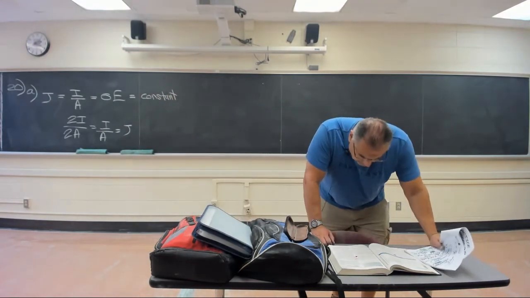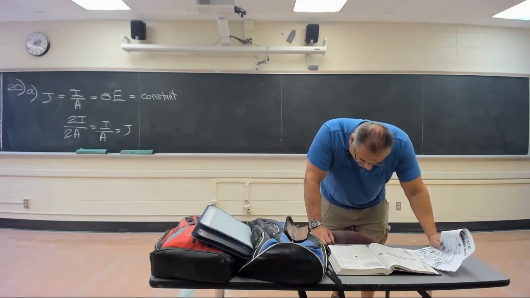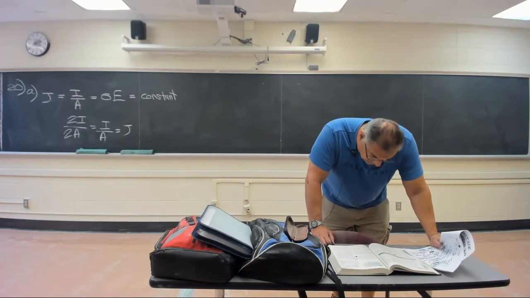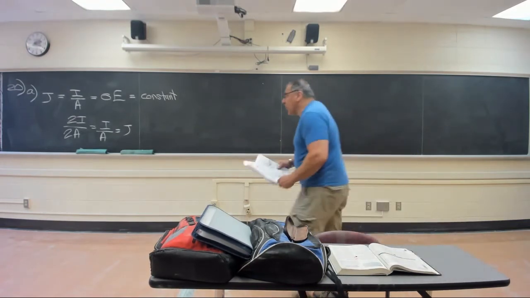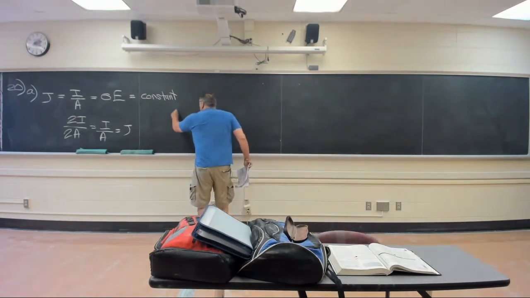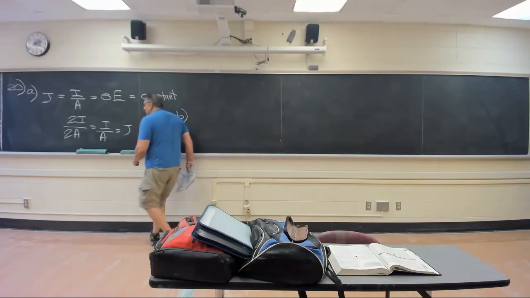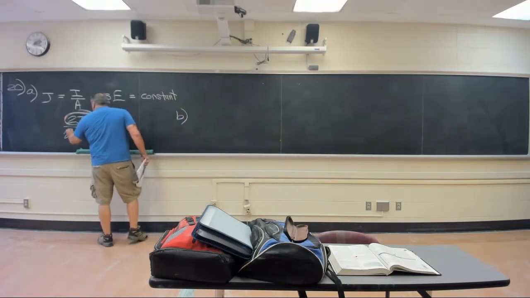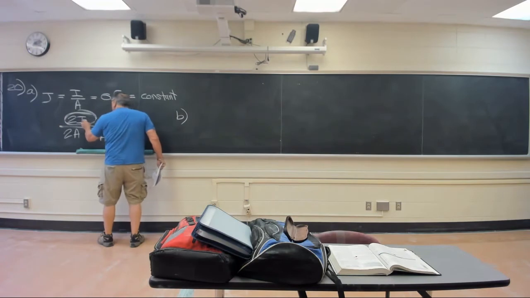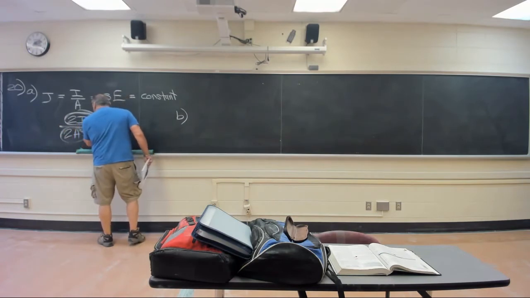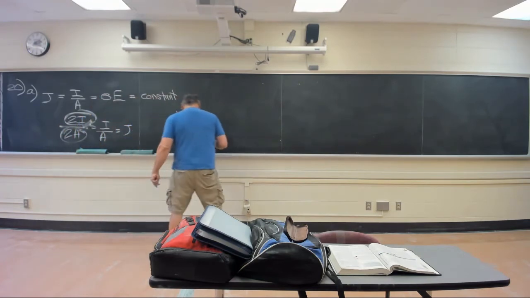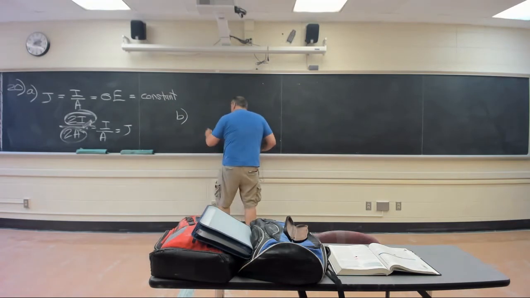So they're saying here, what happens to the current density? Nothing happens to the current density. What happens to the current? That's another story. What happens to the current? You just saw it. Yeah, no, that doesn't change, but 2I over 2A, that doubled. I doubles.